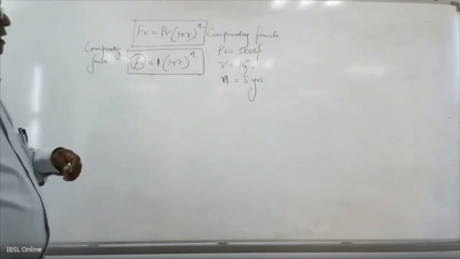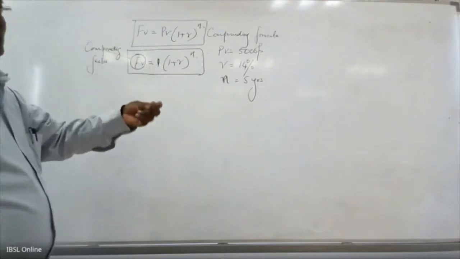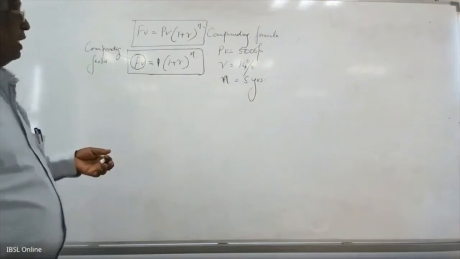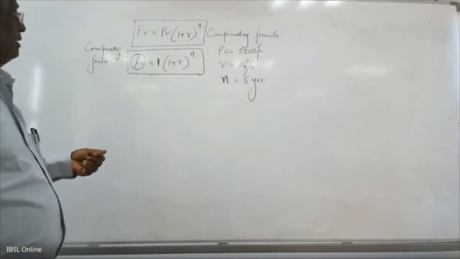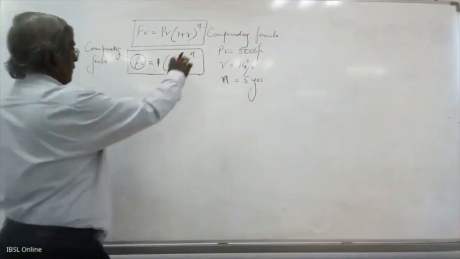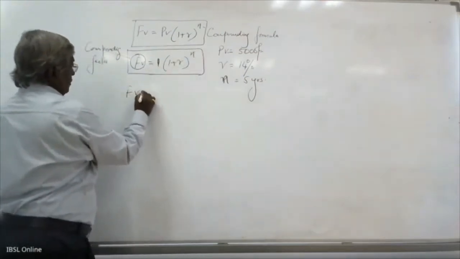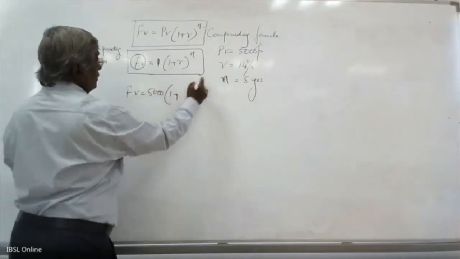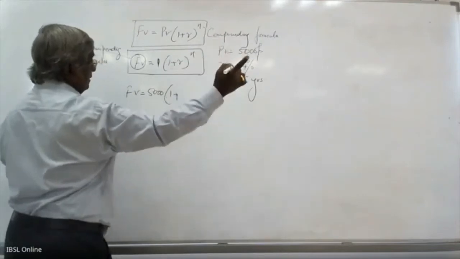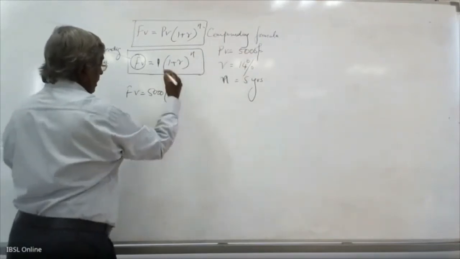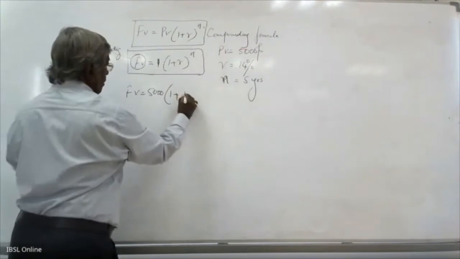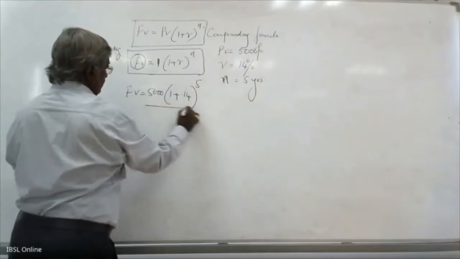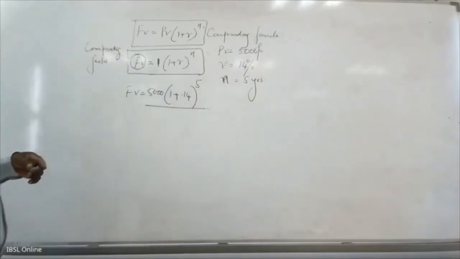You can calculate it by using the compounding table also. By using this calculator, how can you calculate this? If you put it in the formula, the future value is equal to 5,000 into (1 plus R) to the power n, where R is 14%, in decimal 0.14, and n is 5.